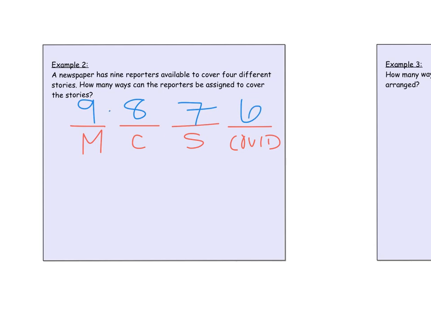And then you just multiply those going across. I get 3,024. Perfect. So this is one way to think about it if you're not going to deal with formulas. If you are going to do the NPR formula, this would be 9P4.